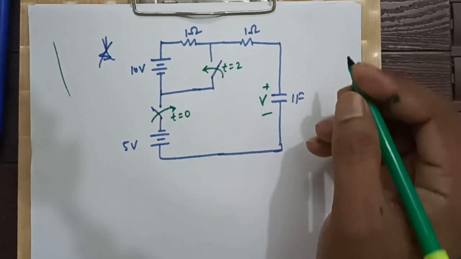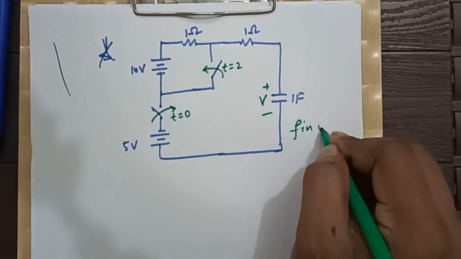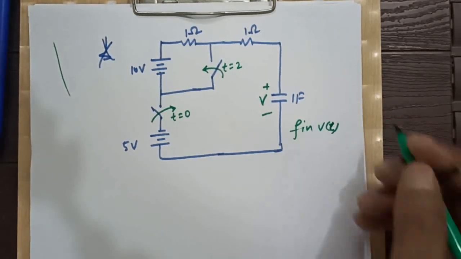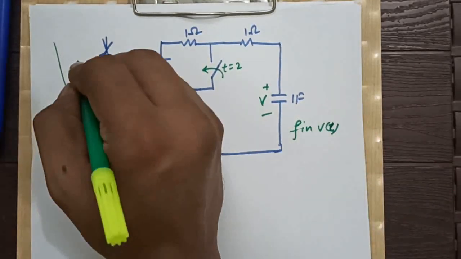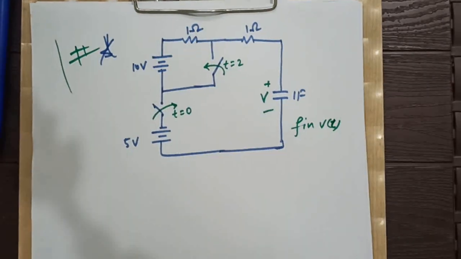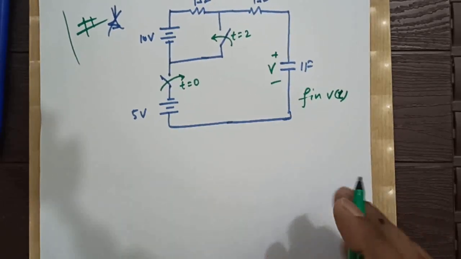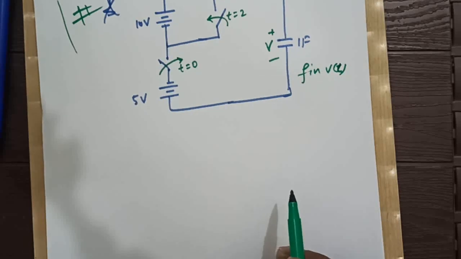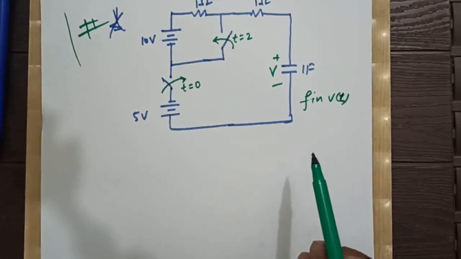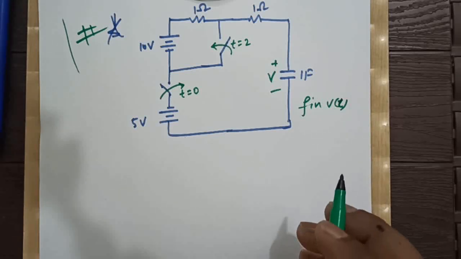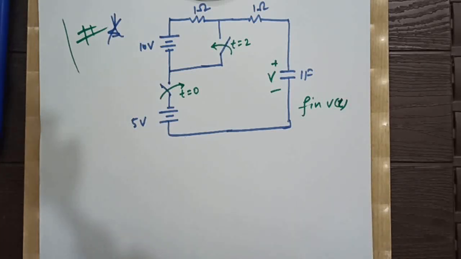We have to find Vt. The question is find the complete expression for voltage function. Clear? Now see, to find the expression for Vt, once again we can see here that this is a first order RC circuit with two sources.